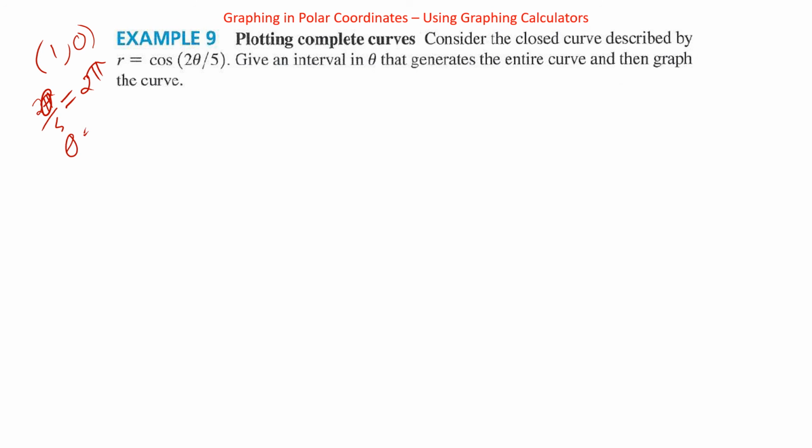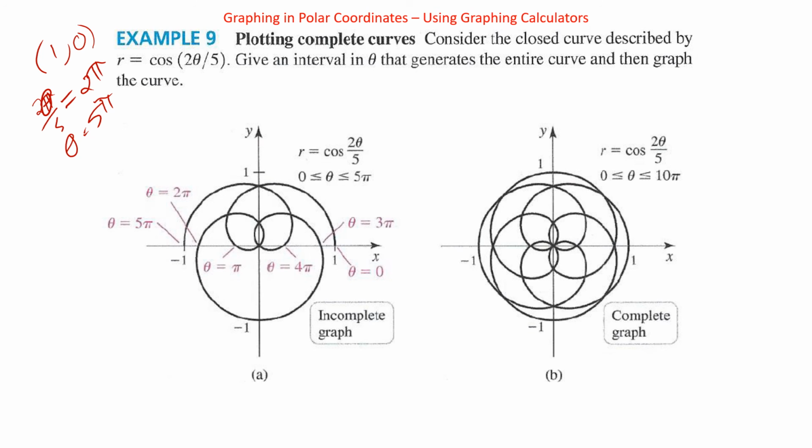We get theta equals 5 pi. So we plug that in, that gets us the 1, but when we graph that, 5 pi, it doesn't close. It's only half. So we could do another half to get to 10 pi, and that will get us the full complete graph.